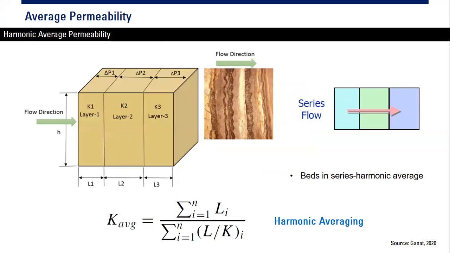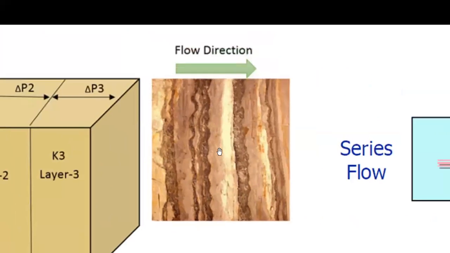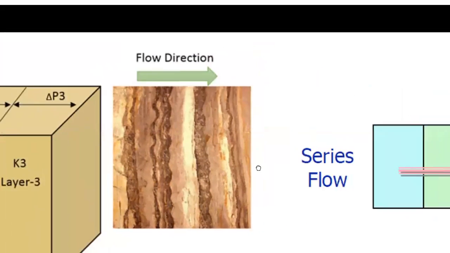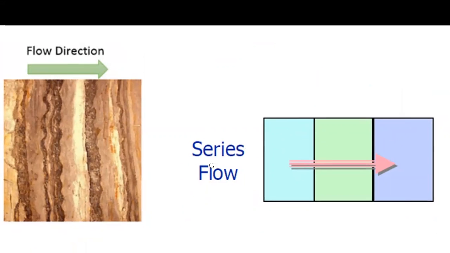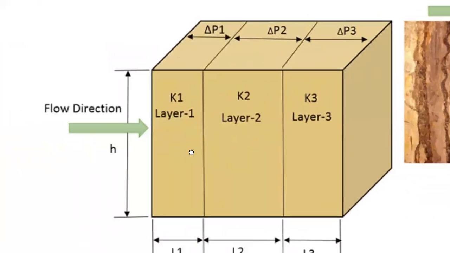This is harmonic average permeability. So this is beds in series, harmonic average. So the configuration is like this. This is not parallel flow. This is series flow with layer 1, layer 2, layer 3, like this one.